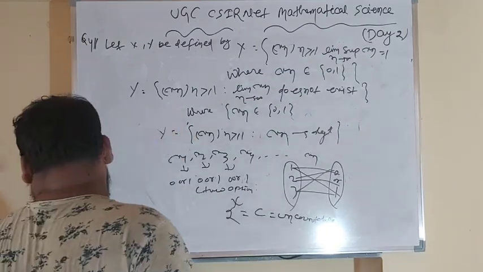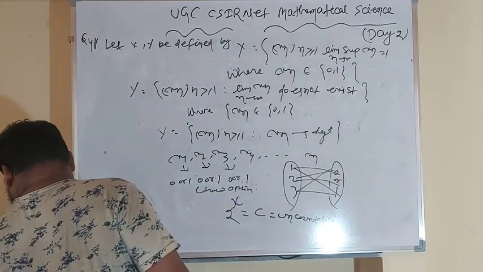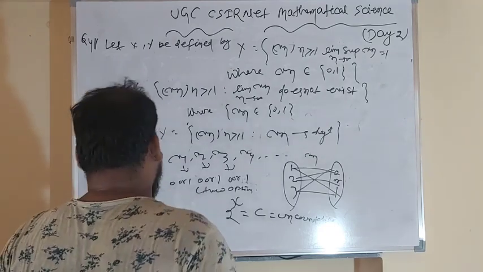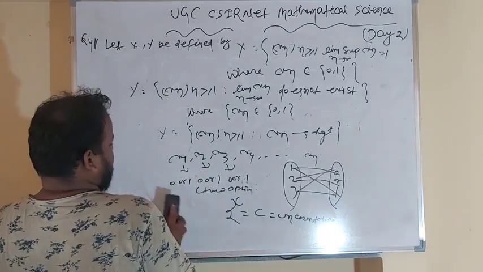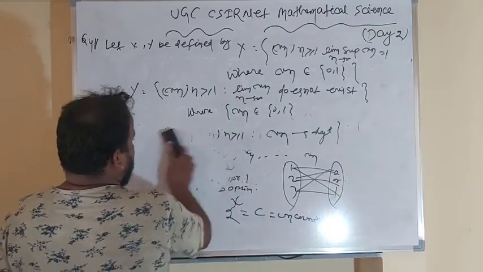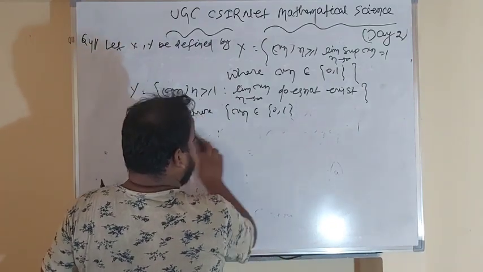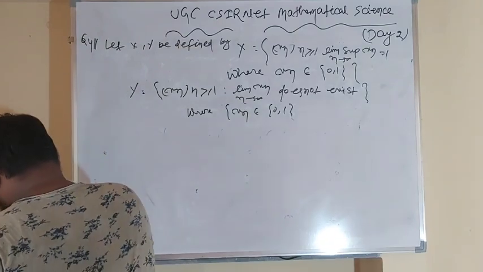So x is uncountable, and y is uncountable. Now, to check that x is an uncountable set or not, how to check that?